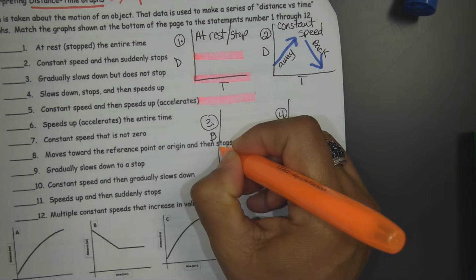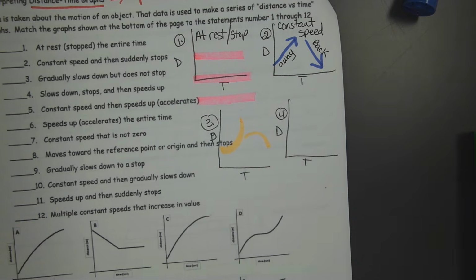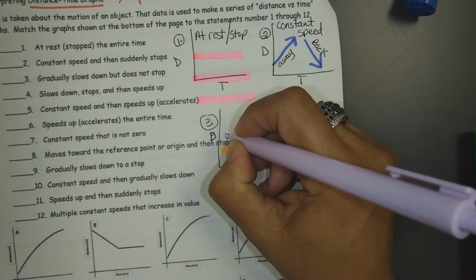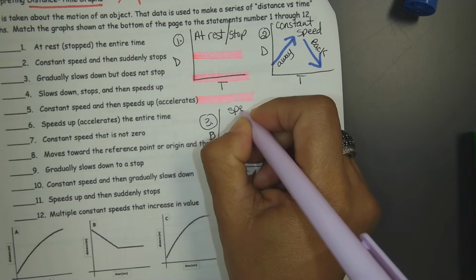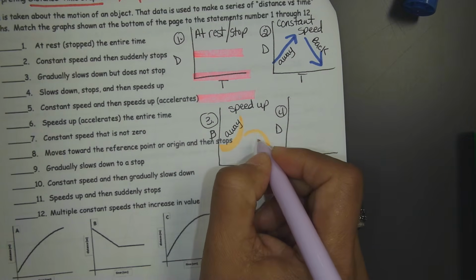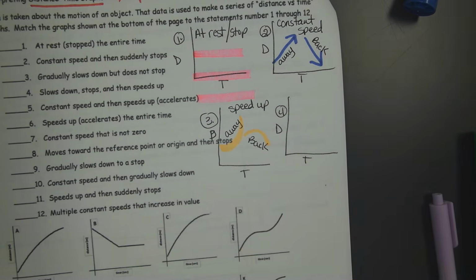Now, it can look like this, or it can look like this. Again, the first one means that it's going to speed up away from the origin, or the second one is back towards the origin, okay? It's speeding up.